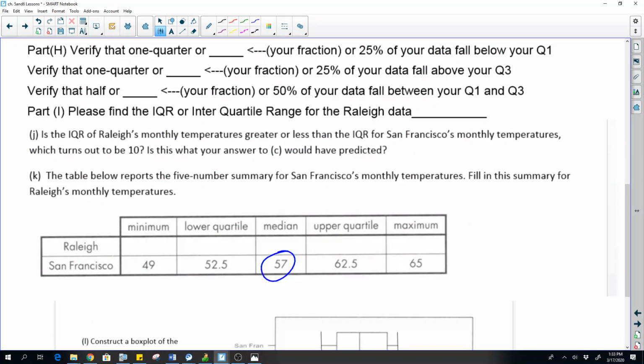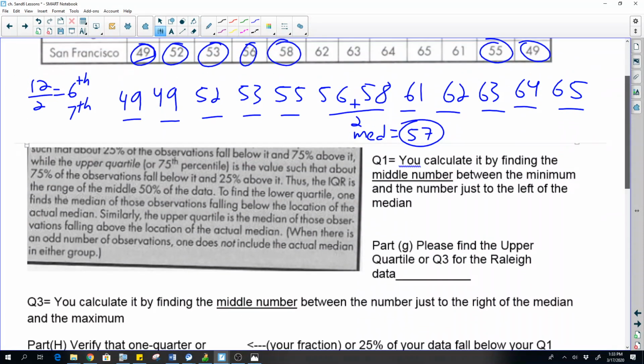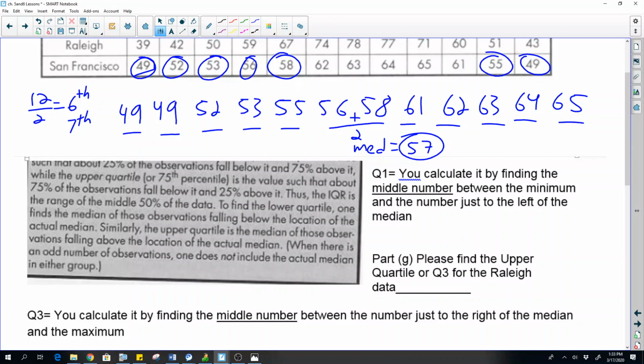Now, for San Francisco, how did they come up with 52.5 and 62.5? Because it's a little bit trickier with an even set of numbers, from the median we're going to block it off and divide the data up into the lower half and the upper half. Then we work our way into the middle of the lower half: 49 and 49, 56 and 55, 49 and 52, and then 55 and 53.